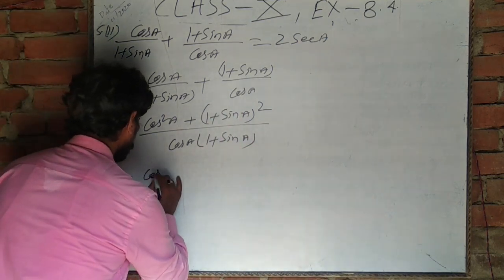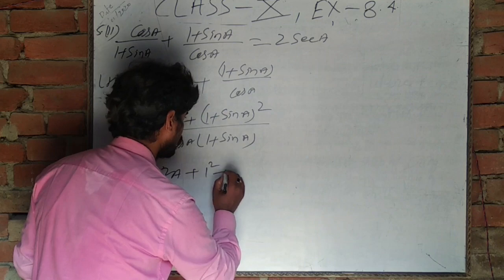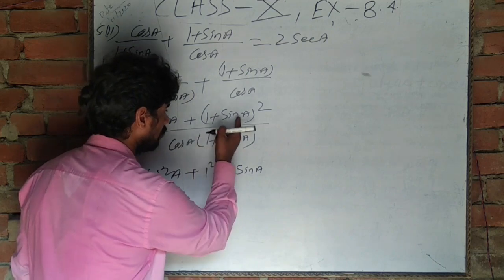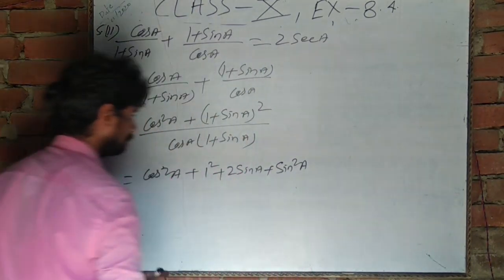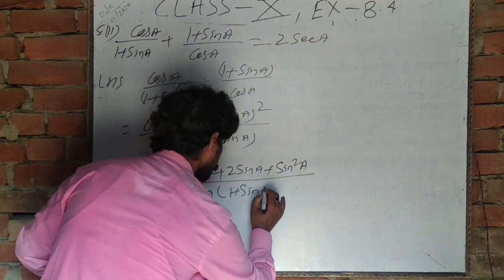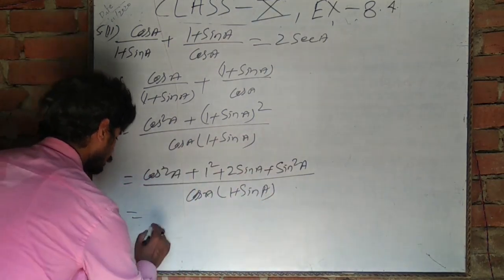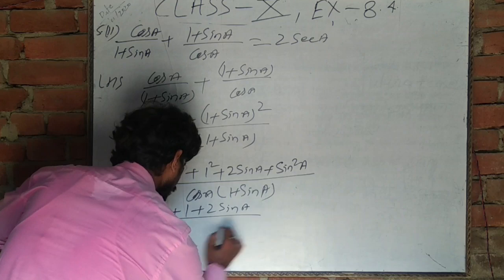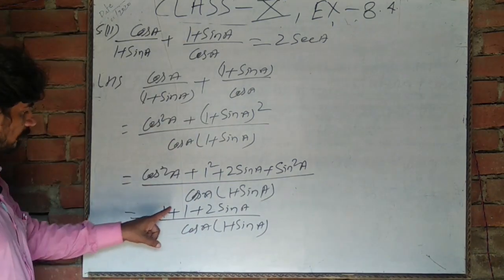Now we will write cos square A plus, a plus b whole to the power 2, that means 1 square plus 2 sin A, 2ab, 2a means 1, b means sin A, 2 sin A plus sin square A by cos A into 1 plus sin A. Sin square A plus cos square A is equal to 1. 1 plus 1 square A means 1 plus 2 sin A by cos A into 1 plus sin A. 1 plus 1 is equal to 2.